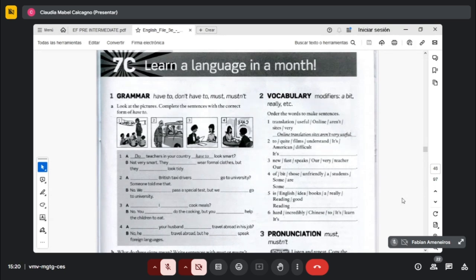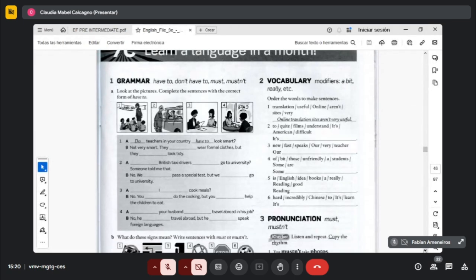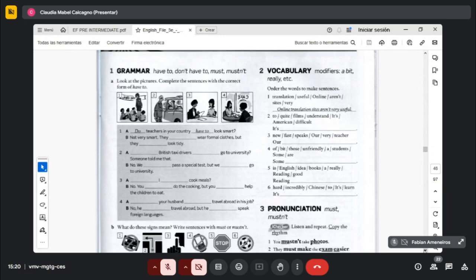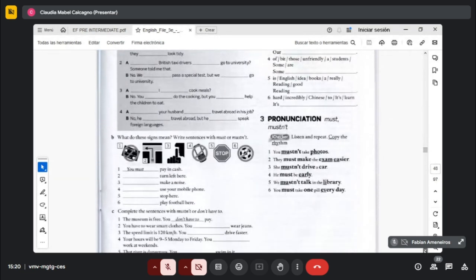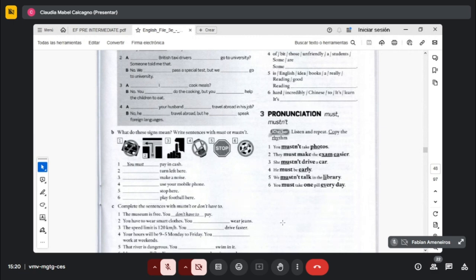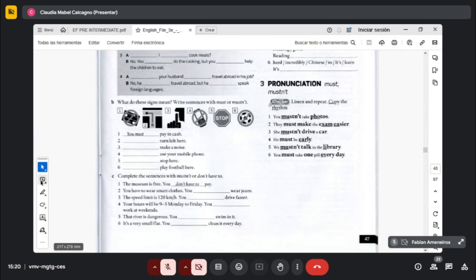Activity 1, it says, well, grammar, right? Look at the pictures, complete the sentences with the correct form of have to. So you have to use have to, very simple. Activity B is about using must or mustn't. And activity C, that's the one that's important here.